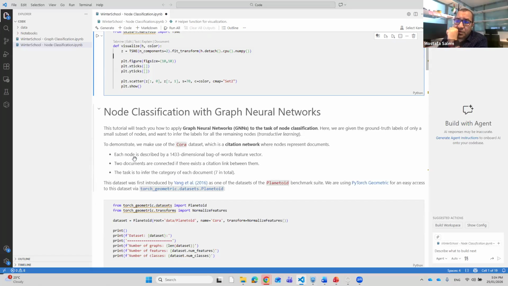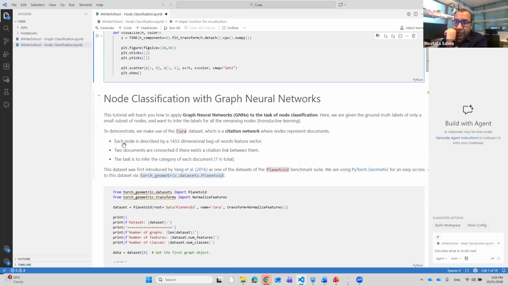Each node will have a 1,433-dimensional feature embedding. So I will add to each node a text embedding that represents this publication. Two nodes, or two publications, are connected if there exists a citation link between them. So if I published a paper and I cite a visual graph encoder paper, there will be a connection between my paper and the paper I cited.